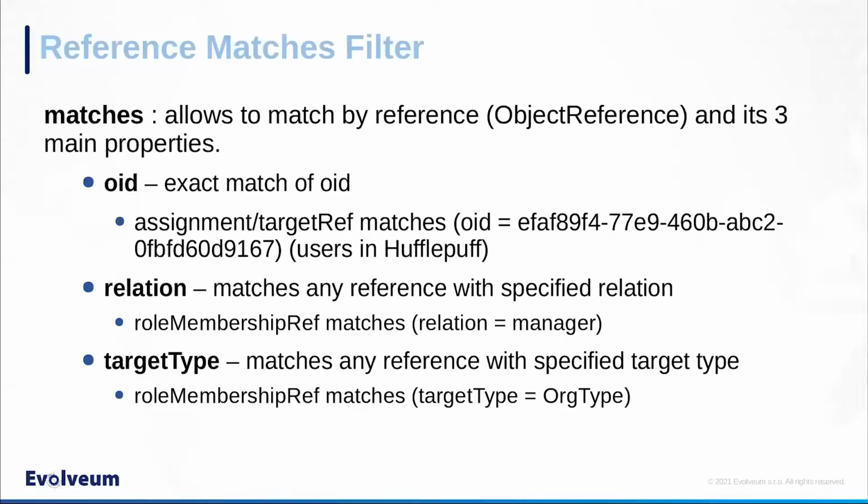For example, we can have a filter which displays all the managers: roleMembershipRef matches relation manager. And also there is a target type property on which we can match any reference which has the specified target type. So for example, we have here a filter which lists all the users which are the members of the organization.